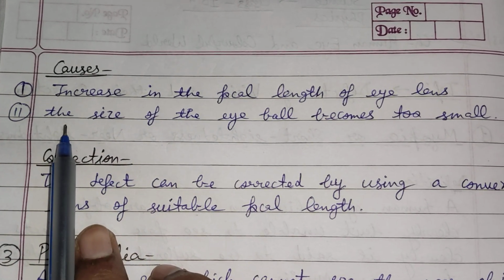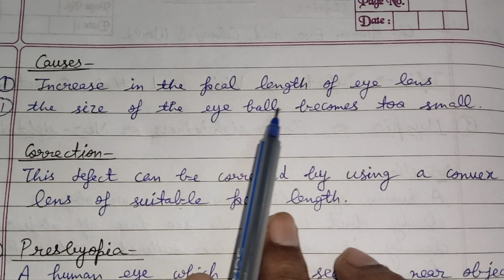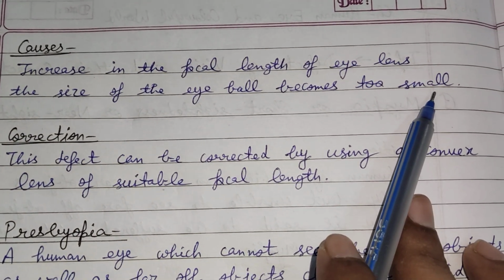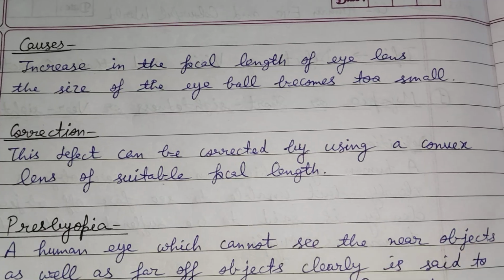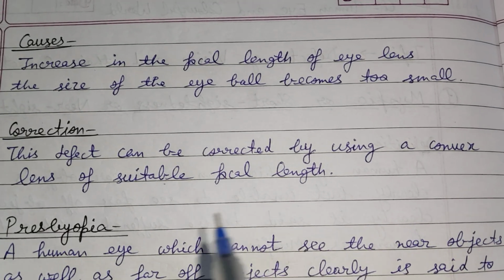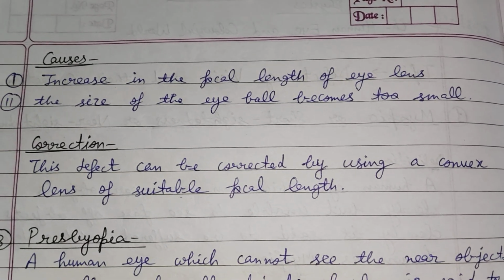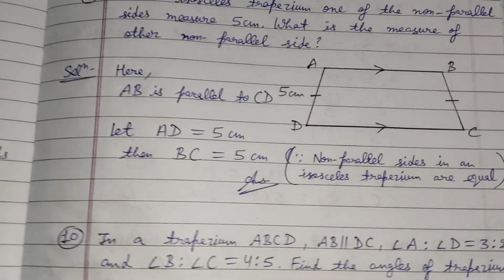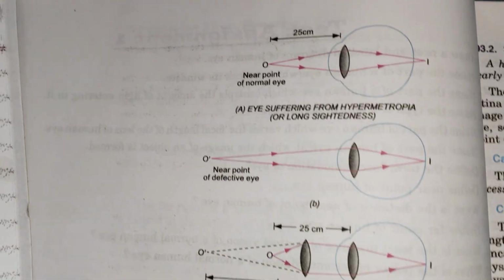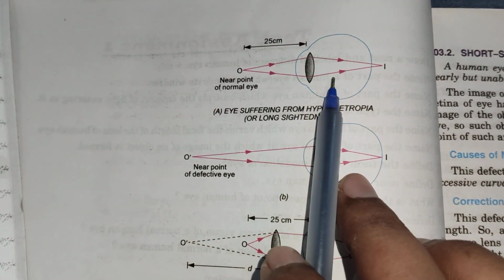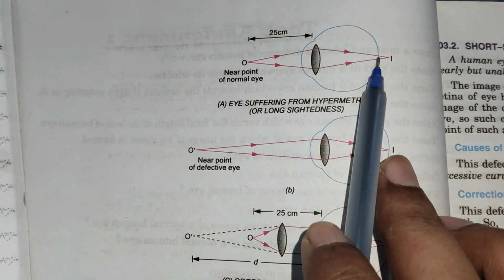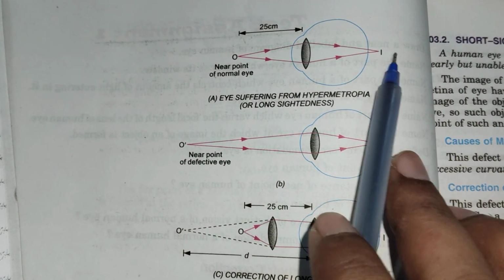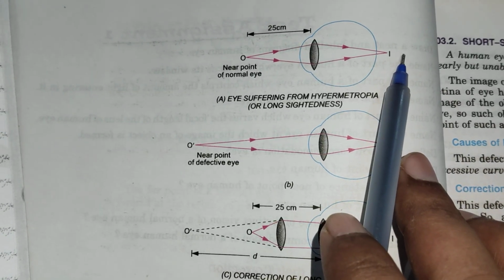Or the second cause is that the size of the eyeball becomes too small. That means the eyeball shrinks. When the eyeball shrinks, then also the rays of light coming from the object will go beyond the retina. You can see in the diagram that in this defect the rays of light are not converging at the retina, they are going beyond the retina.